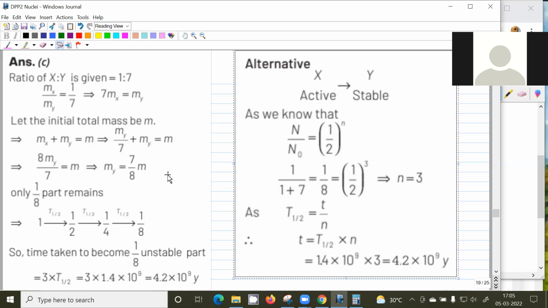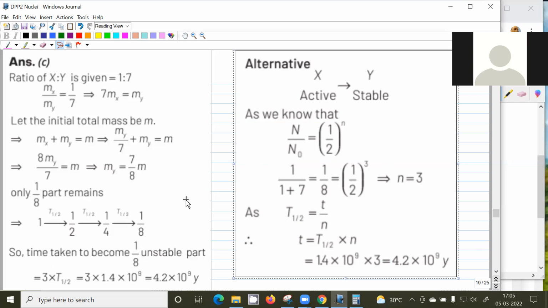Fine. So initially the whole thing is X. After time goes on, X decreases and Y increases. So initially mx is m, and at this time, mx is 1 by 8 of m. So mx has gone down from m to 1/8 of m. So this method is more clear. I think he is using a shortcut here.